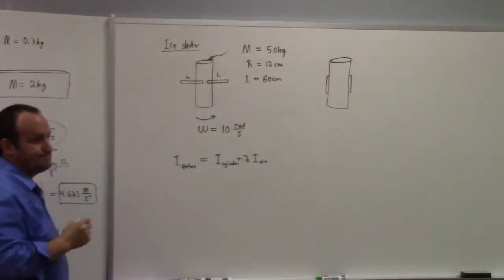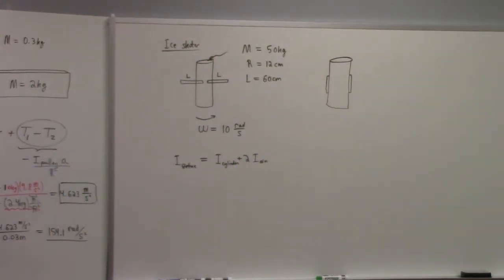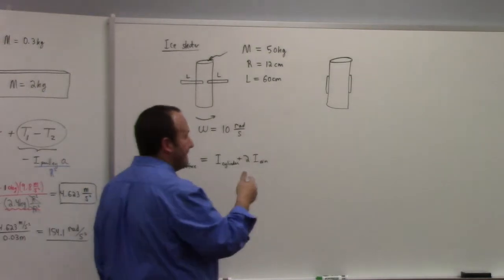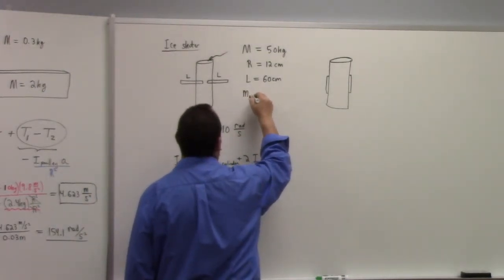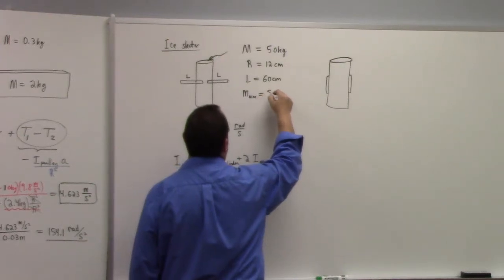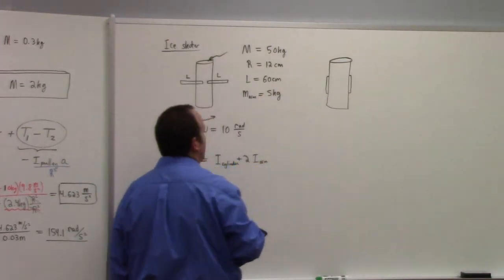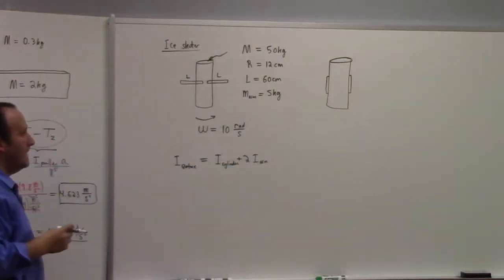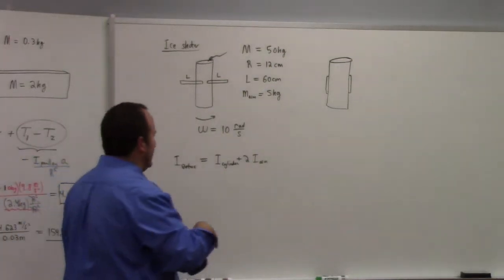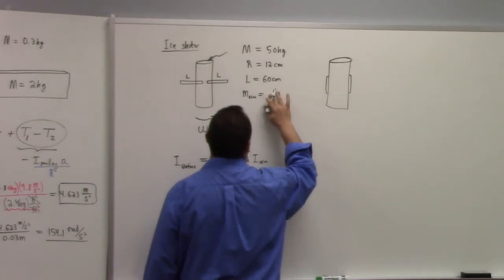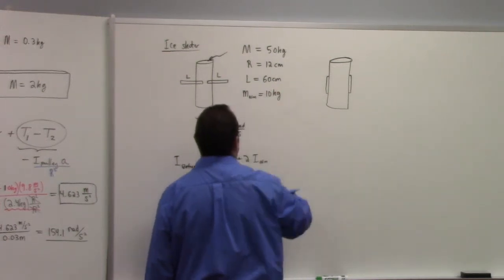And I also need to tell you the mass of their arm. How massive should their arms be? Let's say 5 kilograms. They've been training. 10 kilograms. Yeah, sure, why not? That'll make this more exciting. 10 kilograms.